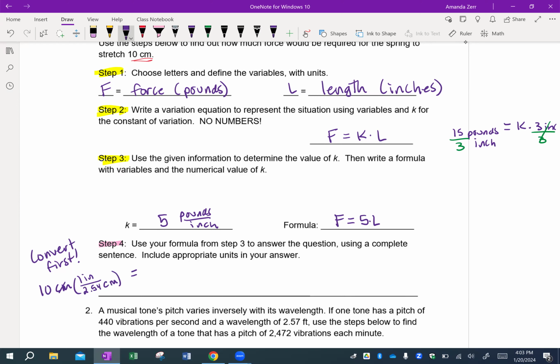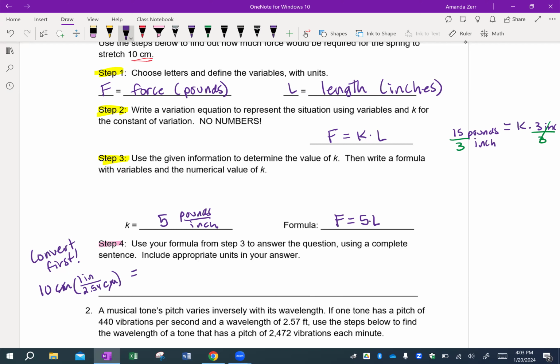Okay, my centimeters cancel. So I'm going to take 10 divided by 2.54, and that gives me 3.94 inches. And now I can plug that right in for length. So I've got F is equal to 5 times 3.94.